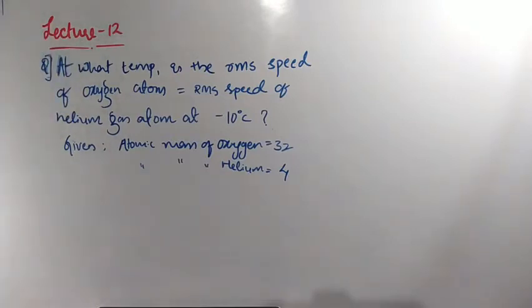Clear? Try this problem like the previous problem, but here one formula you have to remember: VRMS is nothing but root of 3PV divided by M. Based on that formula you are going to solve this problem. Take two formulas for two gas molecules and take the ratio.